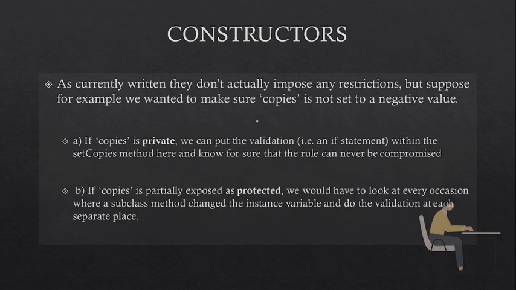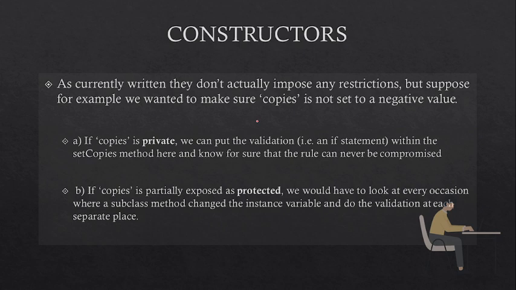As currently written, they don't actually impose any restrictions. But suppose, for example, we want to make sure copies is not set to a negative value. Here, if copies is private, we can put a validation within this method. So we can put some logic in the setting before setting the value of the private variable.